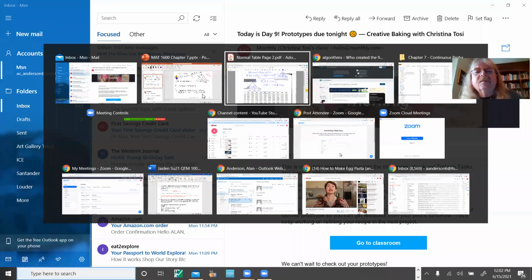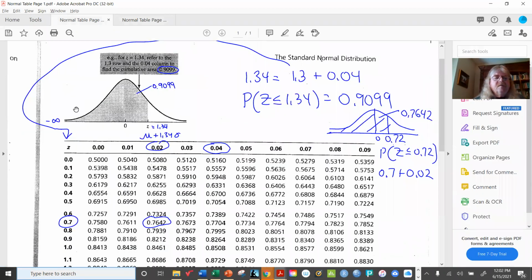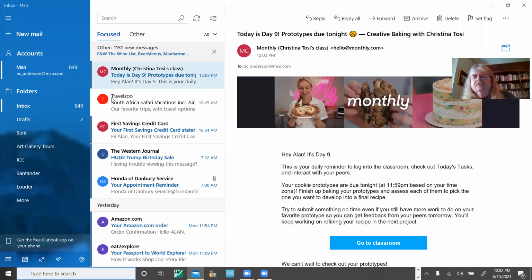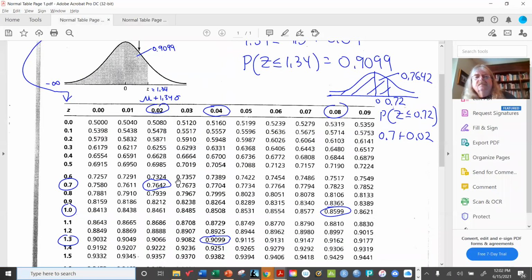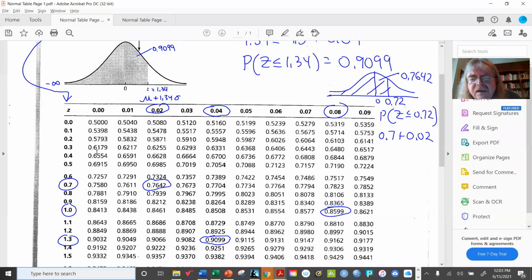1.08. Let's get some practice. On the positive table, here's the 1.0, and here's 0.08. 0.8599. So we've got 1 minus 0.8599. That's what it was, wasn't it? I forgot already. Yes.